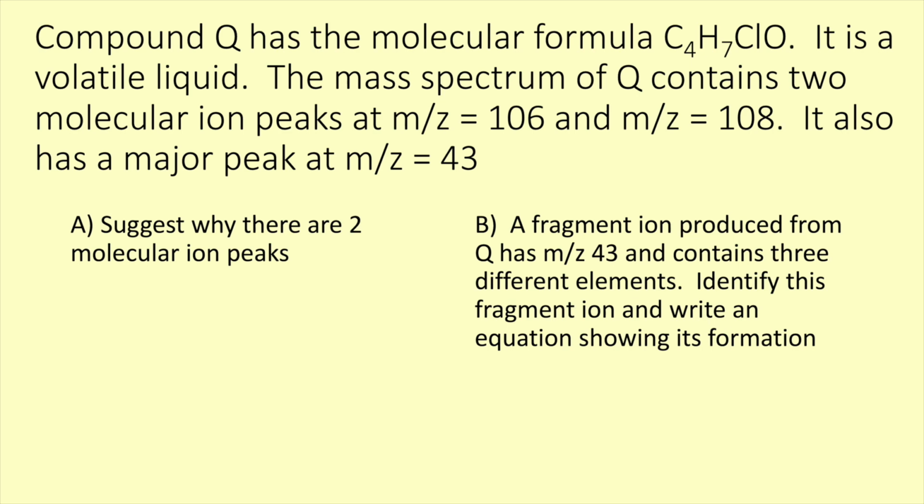The first part is: suggest why there are two molecular ion peaks, the ones at 106 and 108. Secondly, the fragment ion produced from Q has m/z 43 and contains 3 different elements. Identify this fragment ion and write an equation showing its formation.